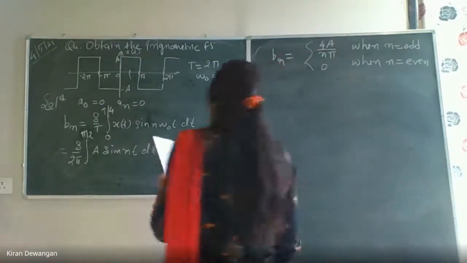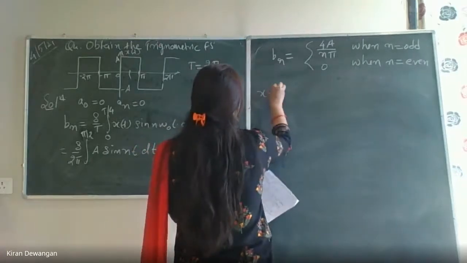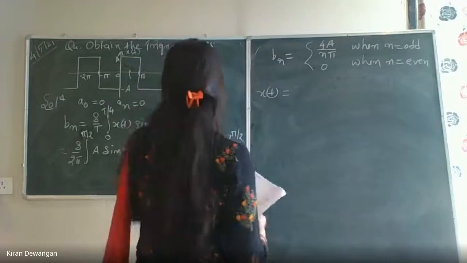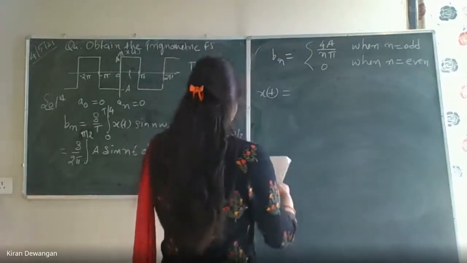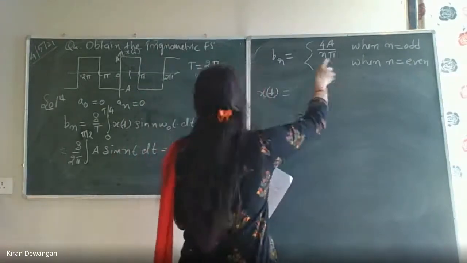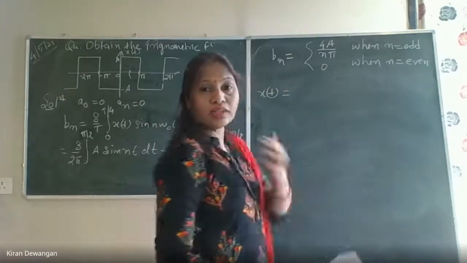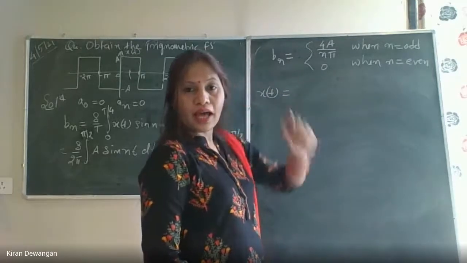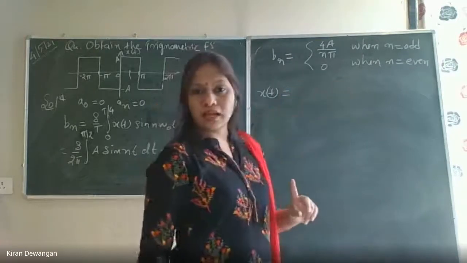Okay? And if we have to write our x(t), that is our Fourier series, what do we have to write? We have to write a trigonometric form of Fourier series. So we'll just start with the summation for n from 1 to infinity, bn sin n omega naught t.